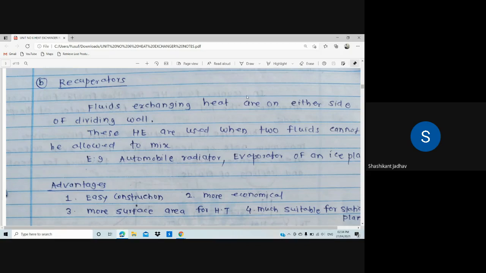Okay, so to write down the second type, that is B recuperators.